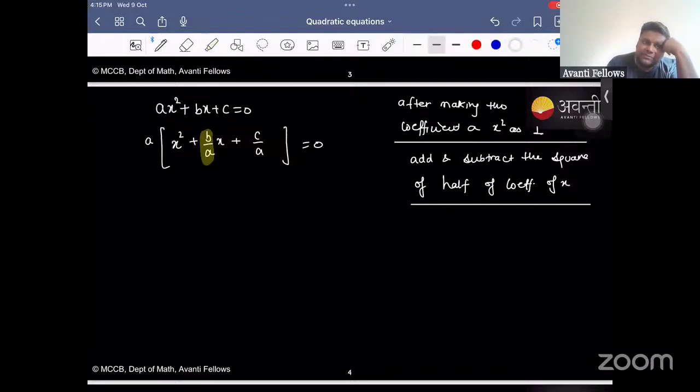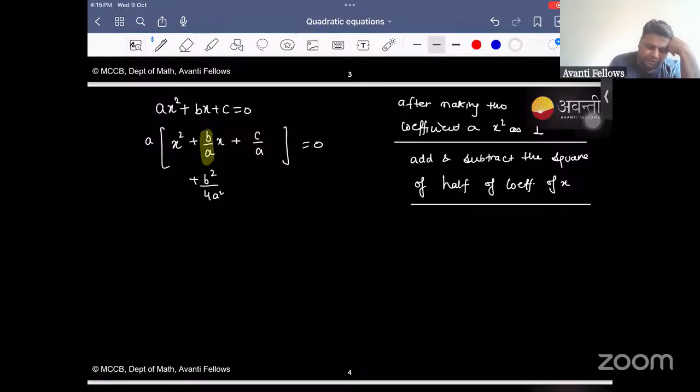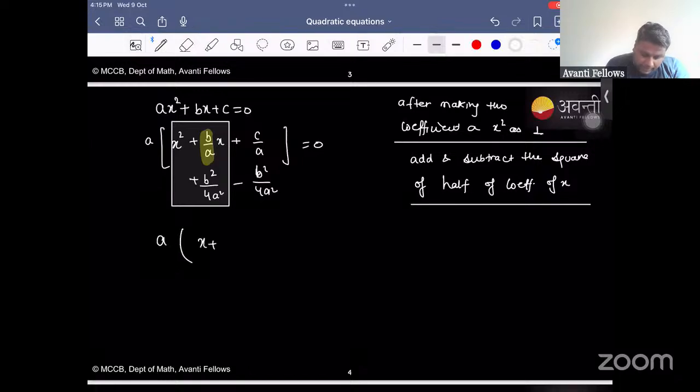Half of this is b by 2a, and the square of this is b square upon 4a square. So you add b square upon 4a square and subtract b square upon 4a square. Now what is this? This is x plus b by 2a whole square minus, if you take LCM in the rest of the terms, b square minus 4ac upon 4a square, equals 0.